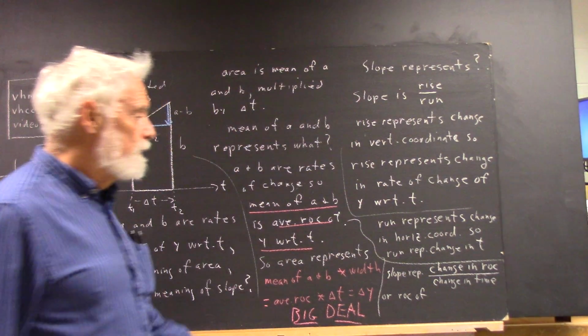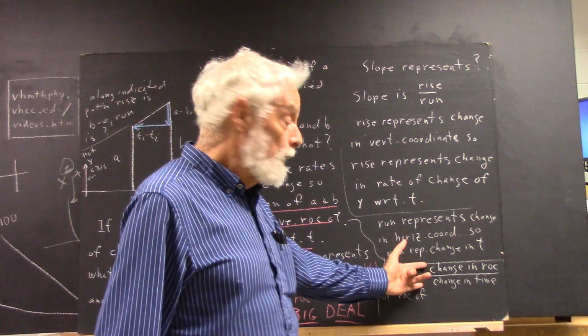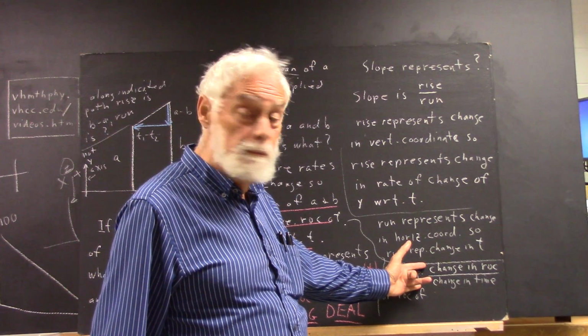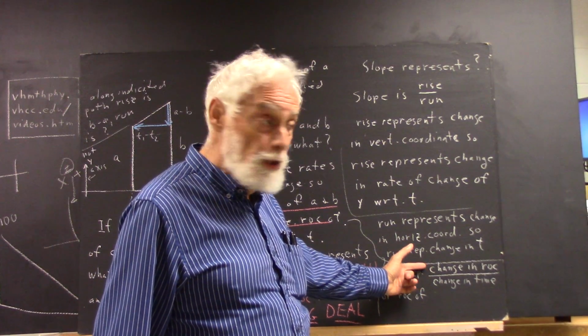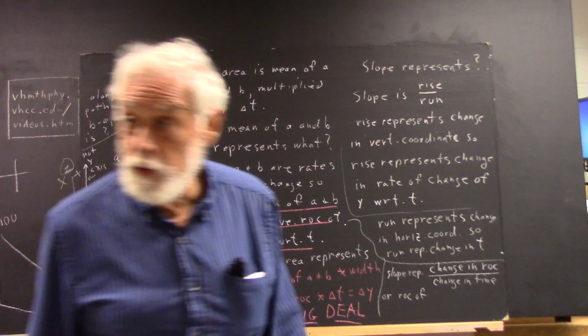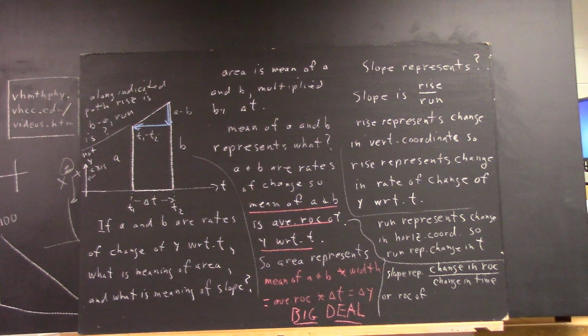And that's the rate of change of what? This is a rate of change, isn't it? It's a change in one quantity divided by a change in another. So it's the rate of change of what with respect to what?